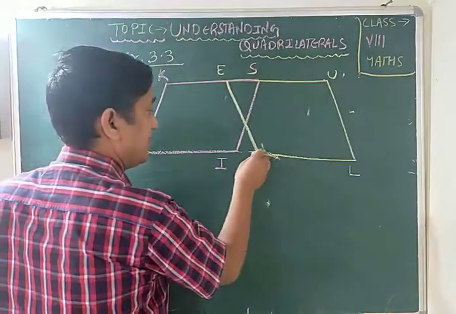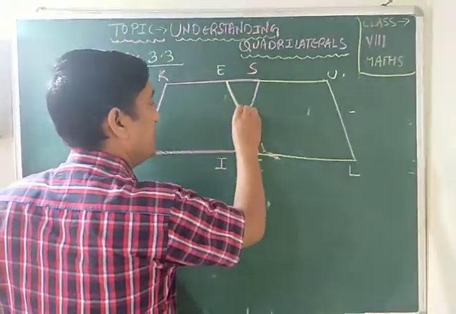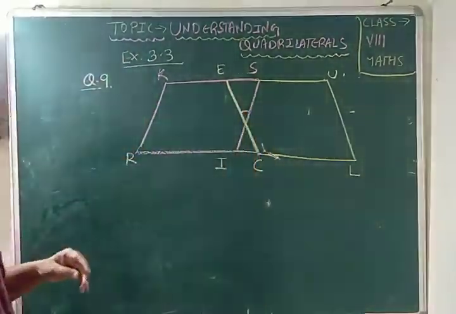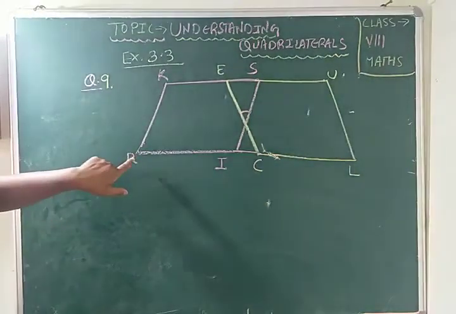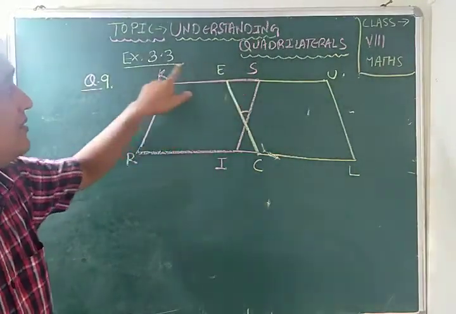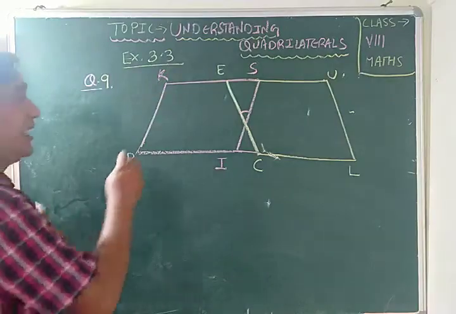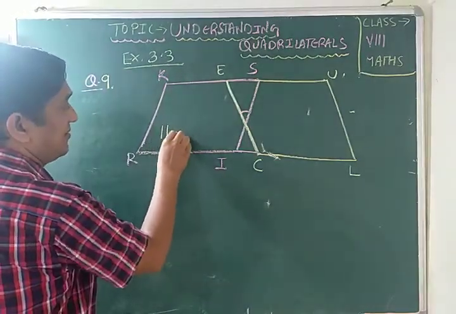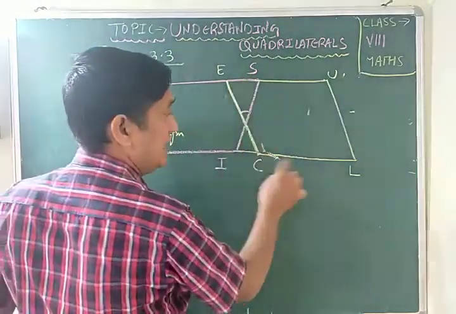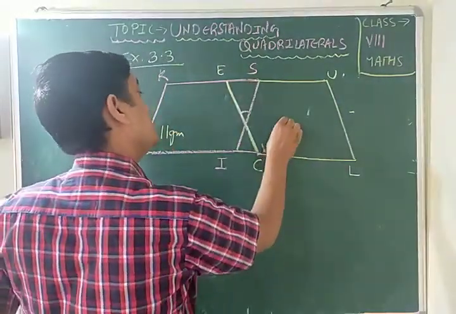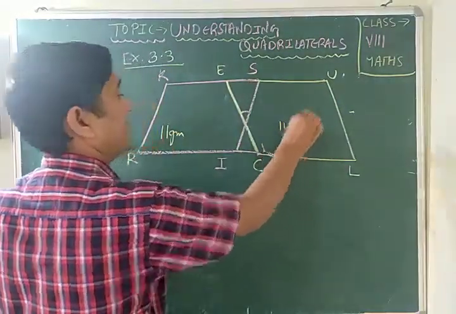These two figures intersect at this point. Now look, RISK is a parallelogram, and CLUE is also a parallelogram.